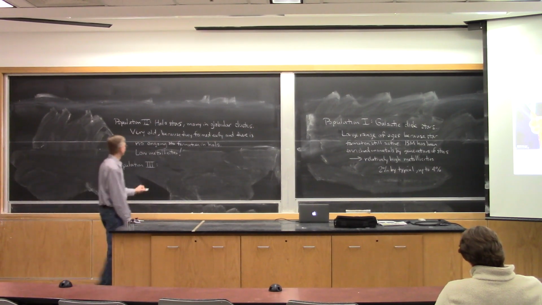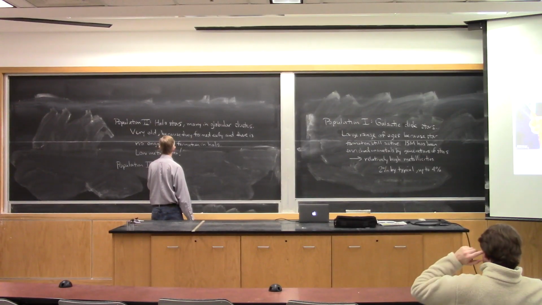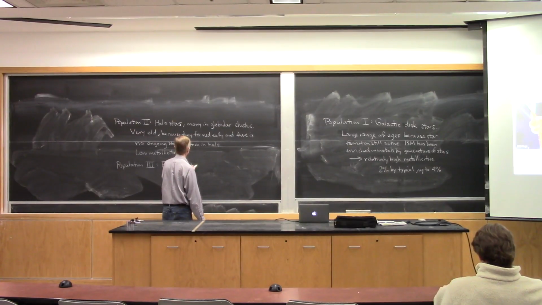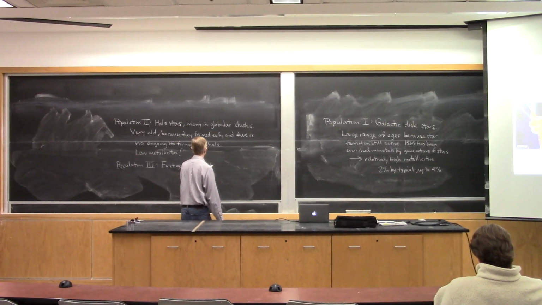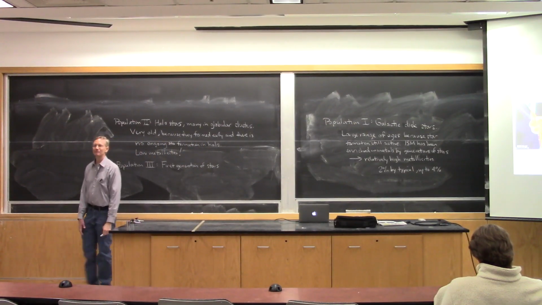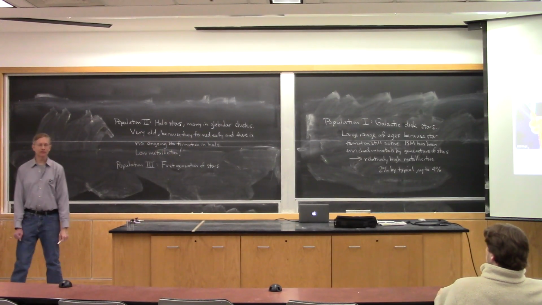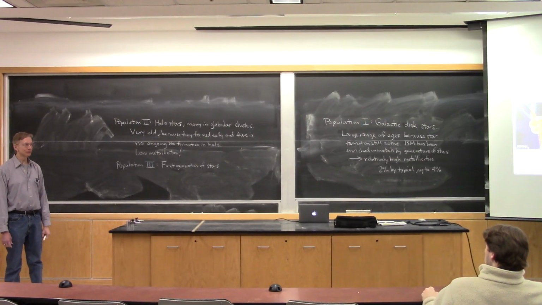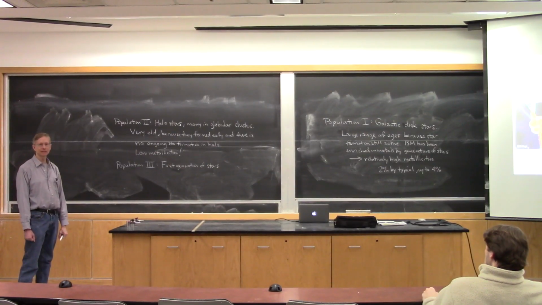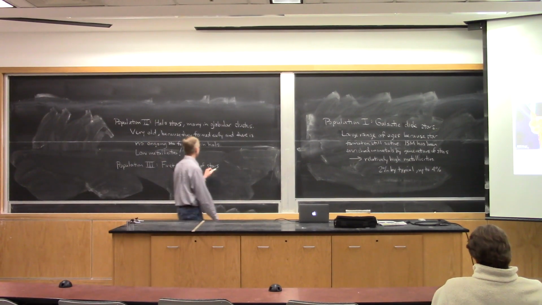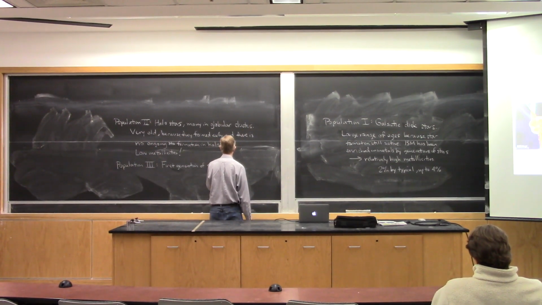Population 3, that would be the first generation of stars. Where do metals come from? Stars. So if you're in the first generation of stars, what's your metallicity? Essentially 0. There'd be a tiny little bit of lithium left over from the Big Bang, but essentially 0.